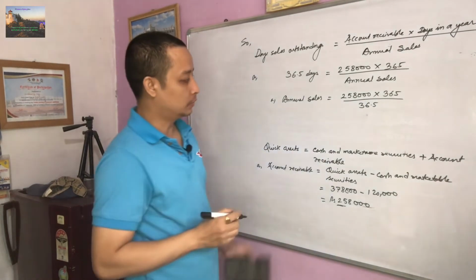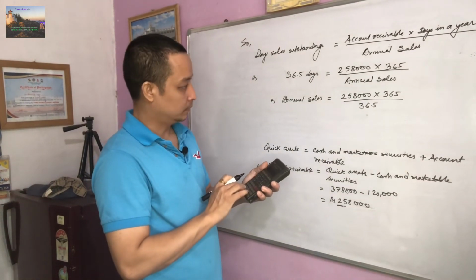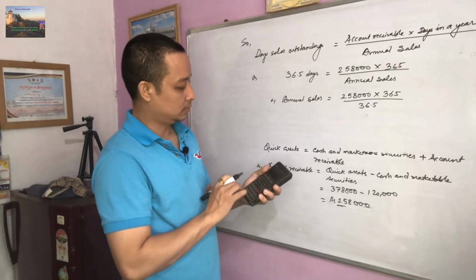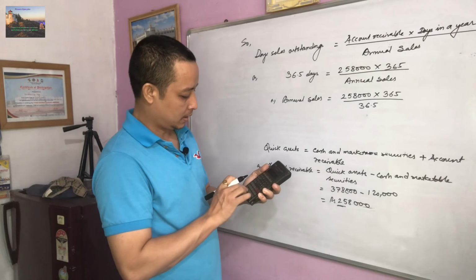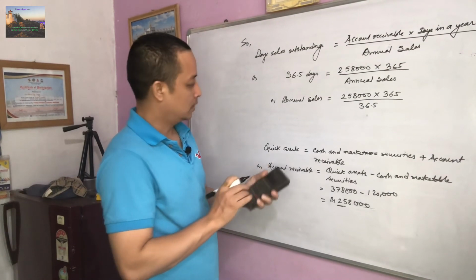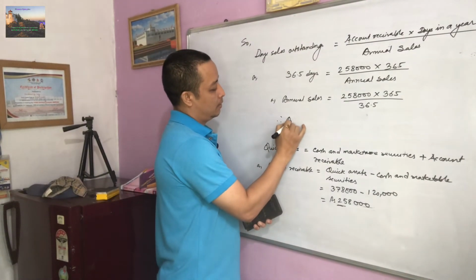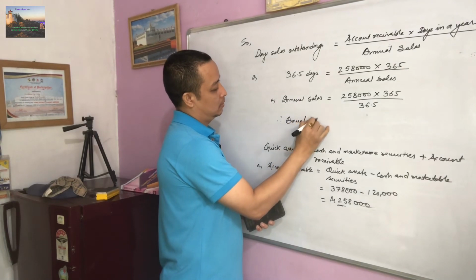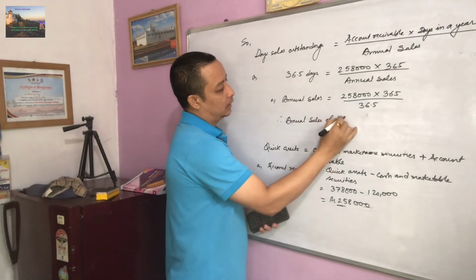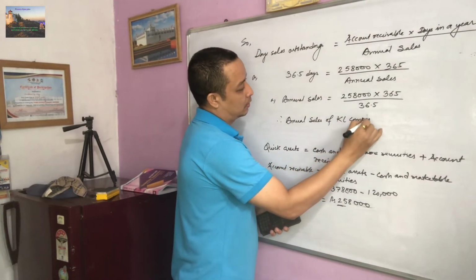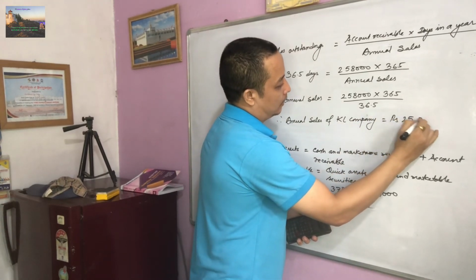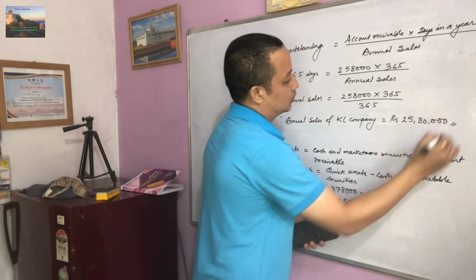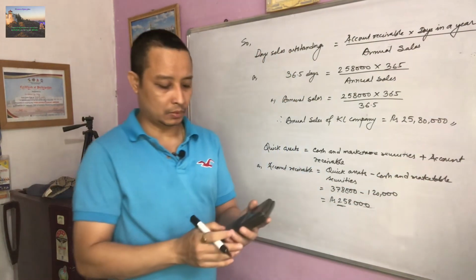So here now if you calculate 2,58,000 into 365 divided by 36.5, therefore annual sales of KL company equals to rupees 25,80,000. So in this way you have to solve this problem.